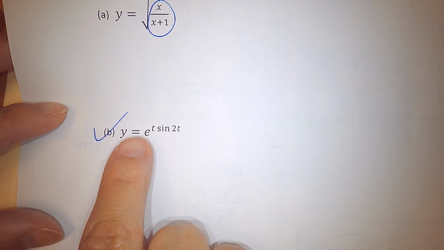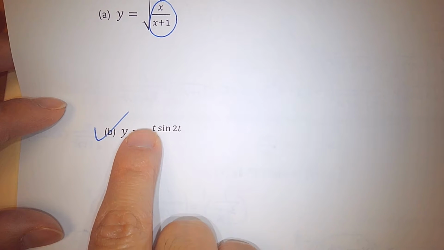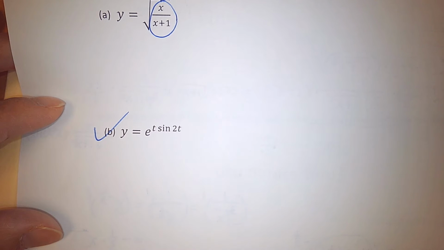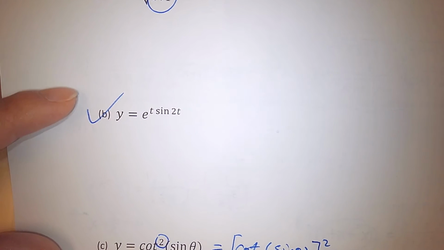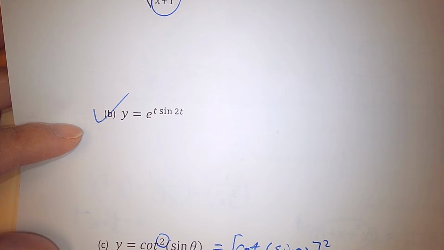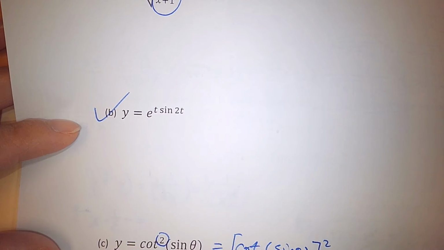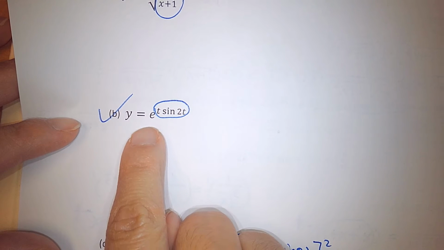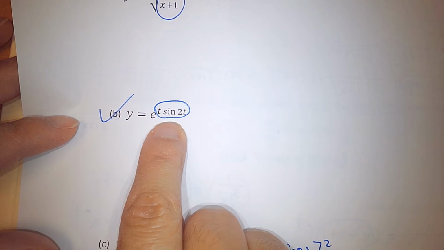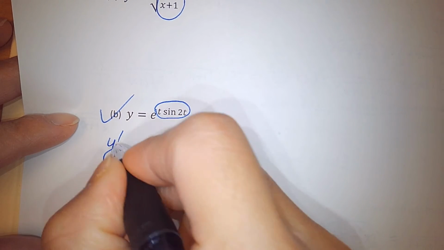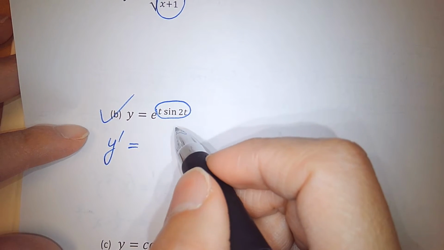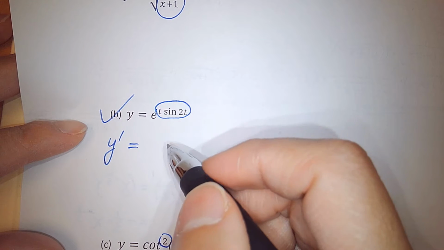Question B. y equals e to the t times sin of 2t. Find the derivative. E to something, an exponential function, one layer, right? So I'm going to do it directly. The derivative of e to something is still e to something, remember the exponential function.